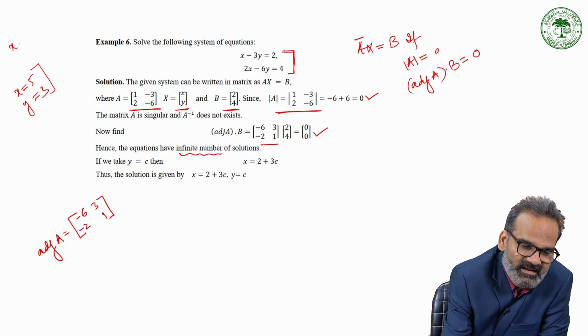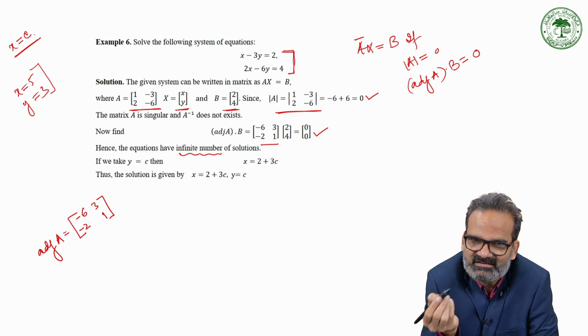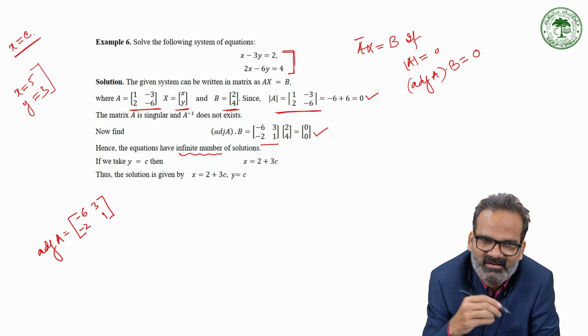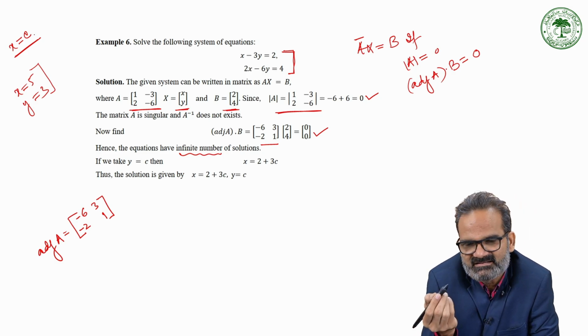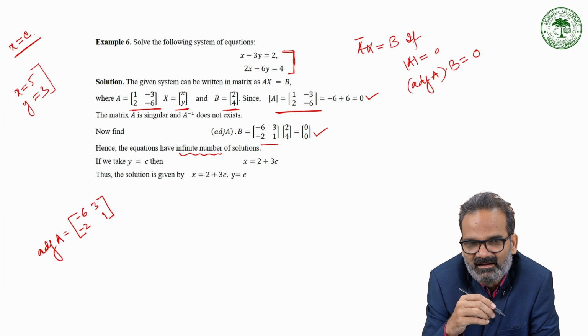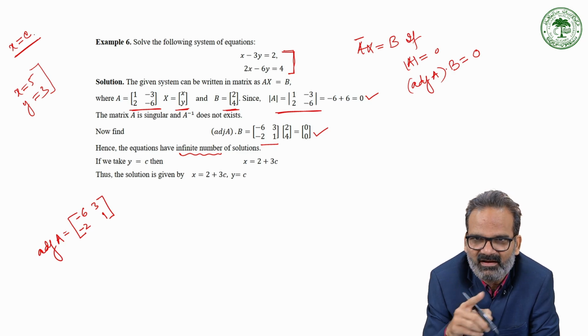If I write x = c and c is any constant, if c is 0, then x is 0. If c is 5, then x is 5. If c is minus 10, then x is minus 10. So x completely depends on c. So c being a number or a constant can have infinitely many values.